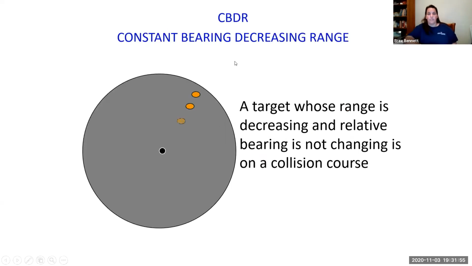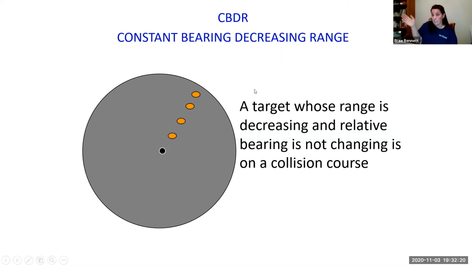We are almost done with our PowerPoint here. Constant bearing, decreasing range. Has anyone heard of that before? CBDR, constant bearing, decreasing range. If something is on a constant bearing and decreasing range, that means there is a risk of collision, and that's what the rules of the road say.